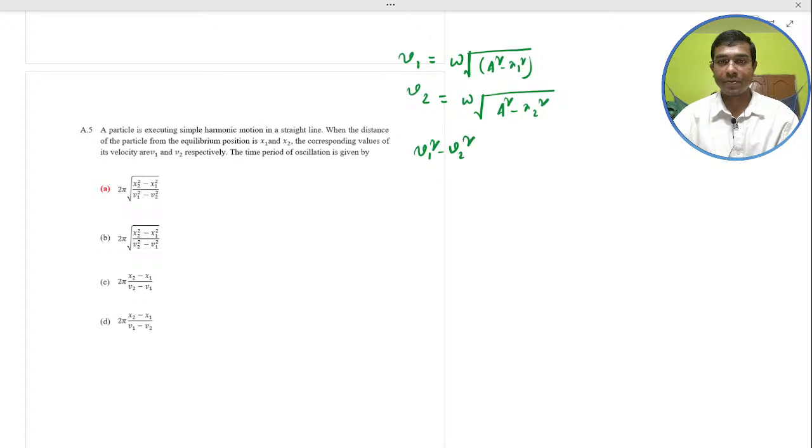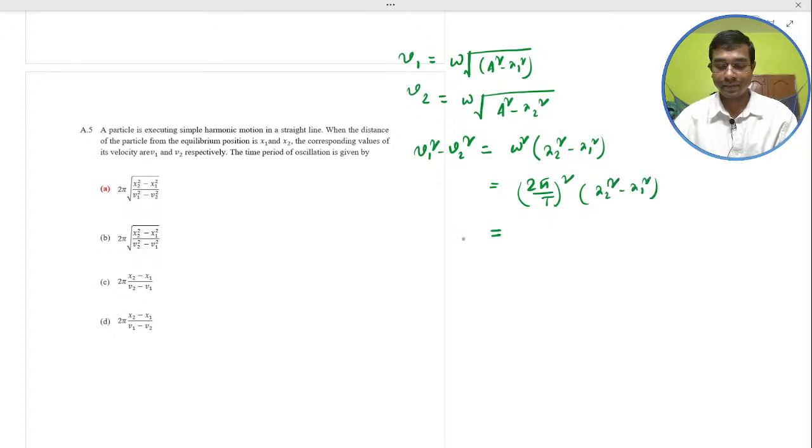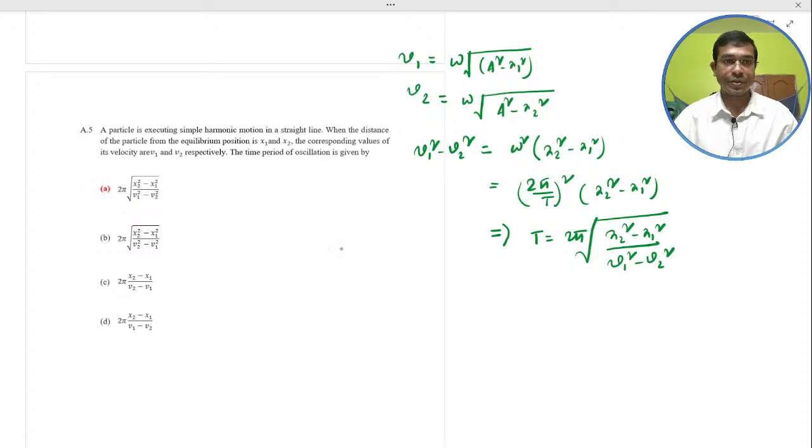So v1 square minus v2 square would become omega square times x2 square minus x1 square. Omega square means twice pi by T whole square. And here x2 square minus x1 square. That is, T equals twice pi square root of x2 square minus x1 square divided by v1 square minus v2 square. So option A here will be the correct answer.